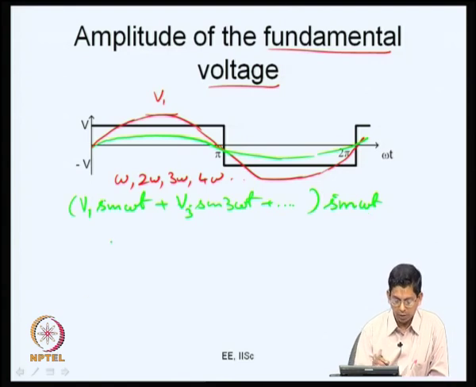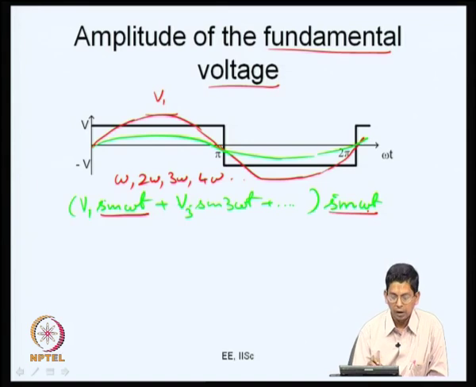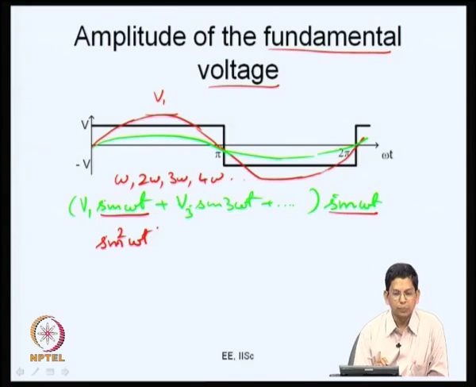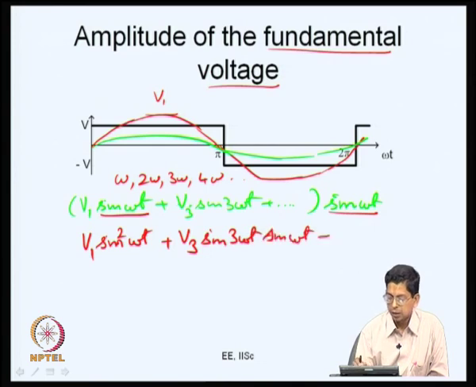You first have this product. Sin omega t and sin omega t gives you a sin squared omega t term. So, this will become V1 sin squared omega t, and the second term will become V3 sin 3 omega t sin omega t, and so on.